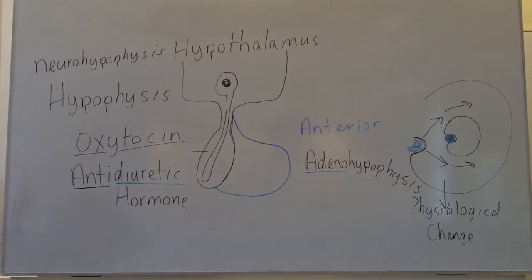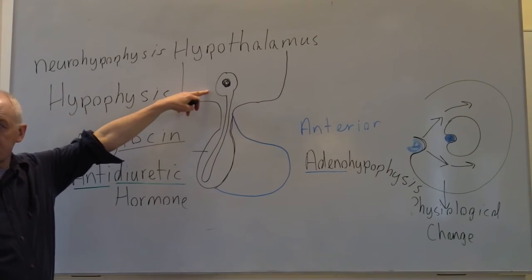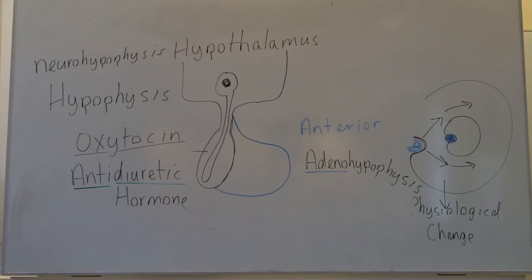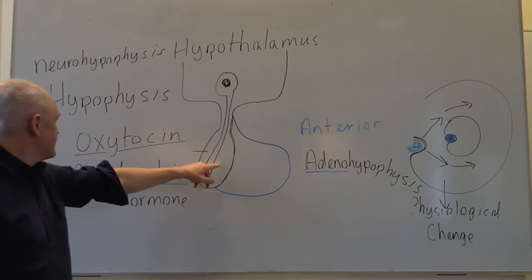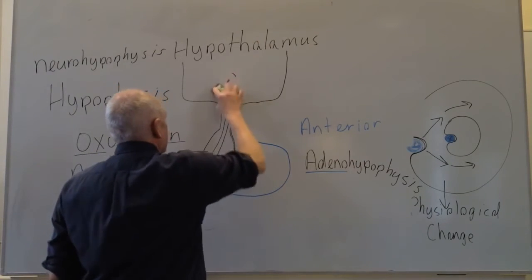Now, I think I'll rub this neuron out now, because these hormones, the oxytocin and the antidiuretic hormone, are actually produced in the hypothalamus and let down into the neurohypophysis for release. So we'll rub that one out.